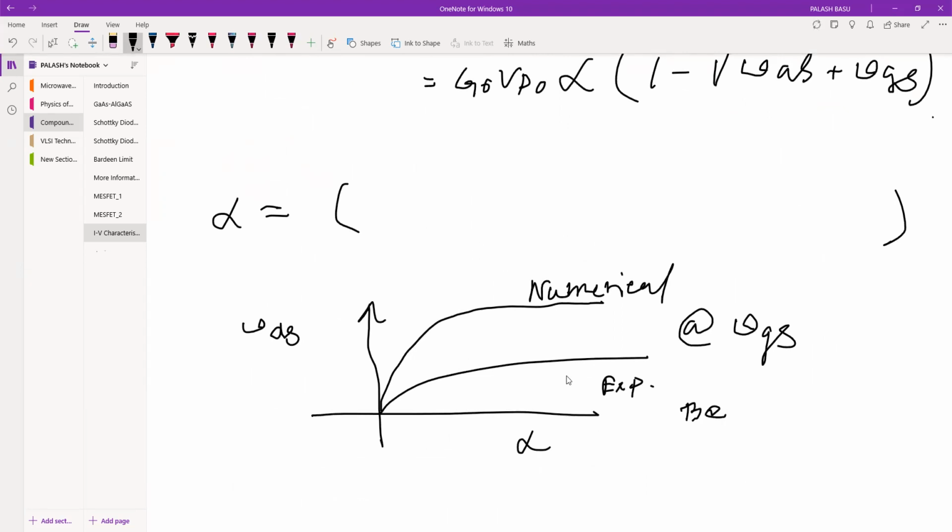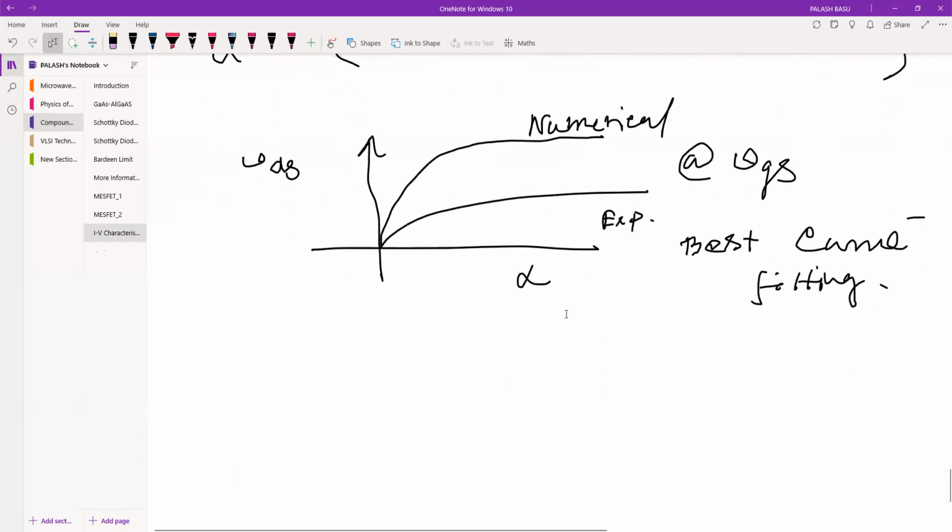What is the parameter for best curve fitting? What is the value that they have to consider for UDS theoretical?